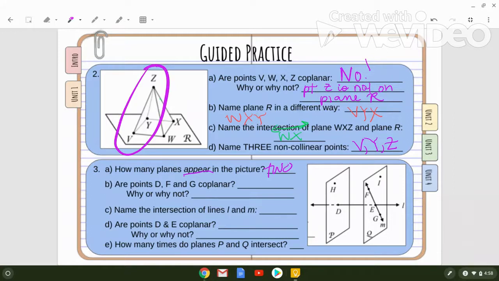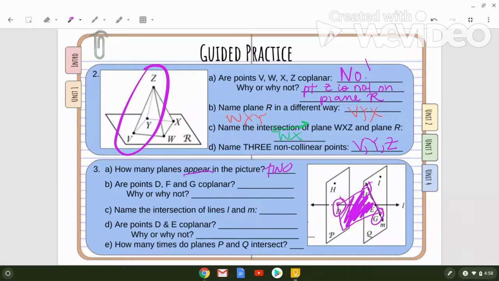So it says, are points D, F, and G coplanar? At first glance, you would say no, because D is on plane P and FG is on plane Q. Well, you have to imagine that these 3 points will always be on a plane because I can connect a piece of paper that can touch point D, point F, and point G. There's actually a plane here that we don't see that connects those 2 planes.